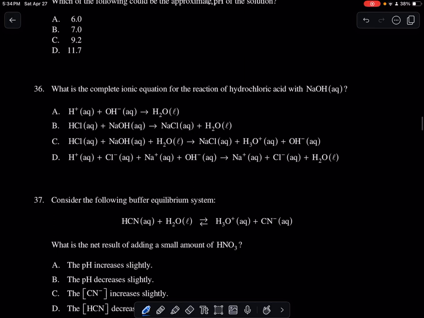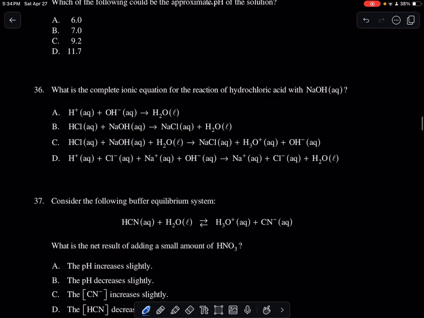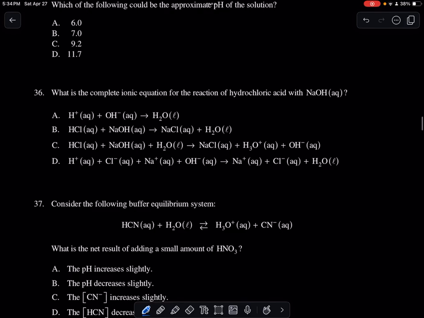Which of the following represents the complete ionic equation for the reaction of hydrochloric acid with NaOH? Well, when hydrochloric acid reacts with NaOH, it will first react with the H plus and the OH minus. Those two are going to be reacting. And it's the complete ionic equation, so we want all the ions. So what do we have?